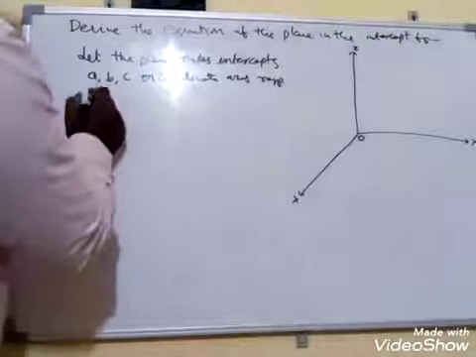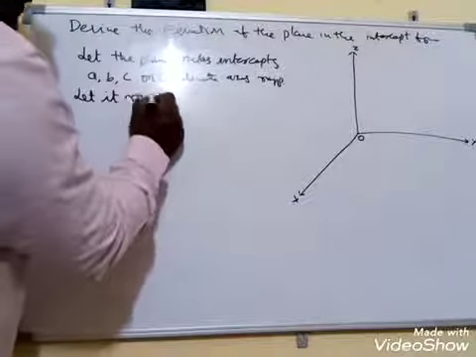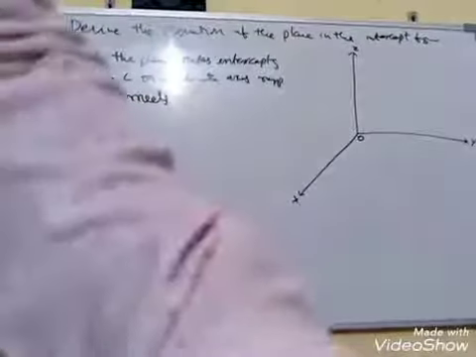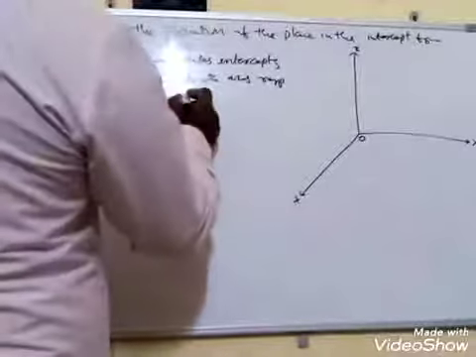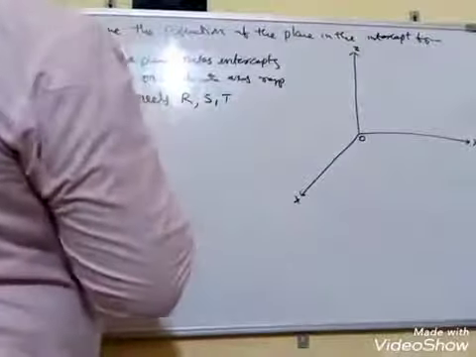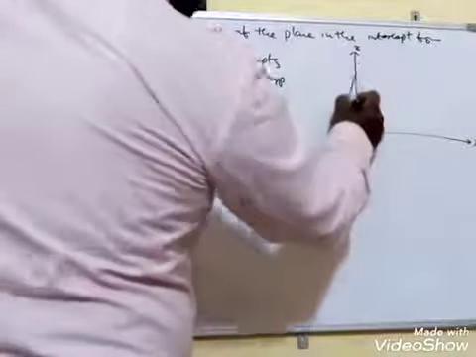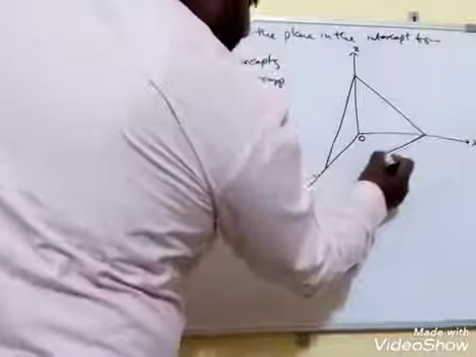Now let it meet the coordinate axes at R, S, T respectively. That means it meets the x axis at R, y axis at S, and z axis at T.